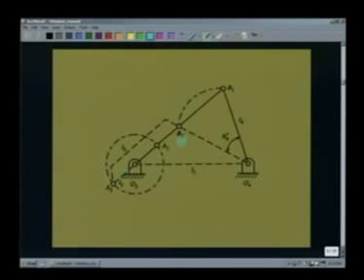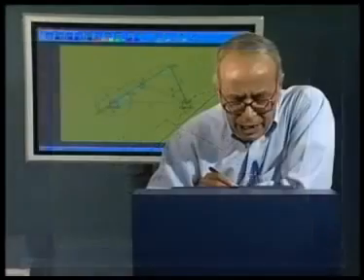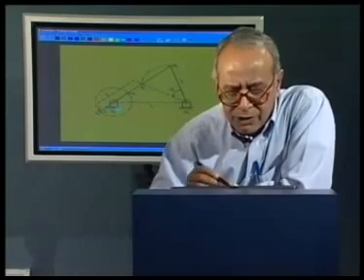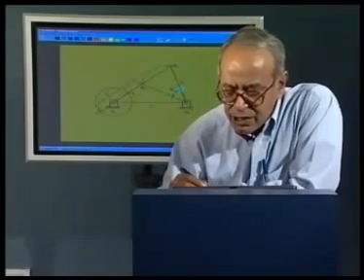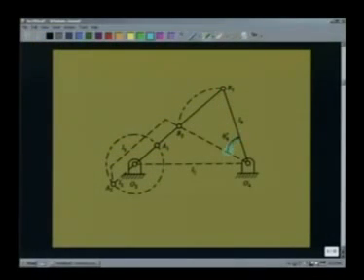That means there is no quick return. It takes pi amount of rotation of the crank for the forward motion and again another pi amount of rotation for the return motion. And this theta 4 star gives you the swing angle of the rocker. Let us now derive the relationship between various link lengths.